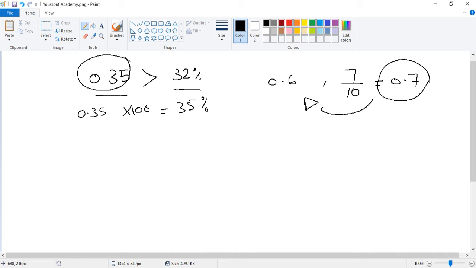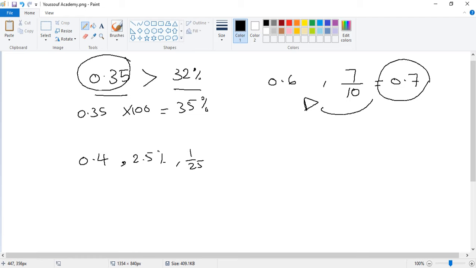So if we have a group of numbers and he asked us to see which one is bigger, for example, if we have 0.4 and 2.5% and 1 over 25.